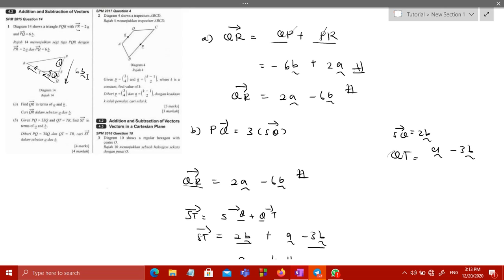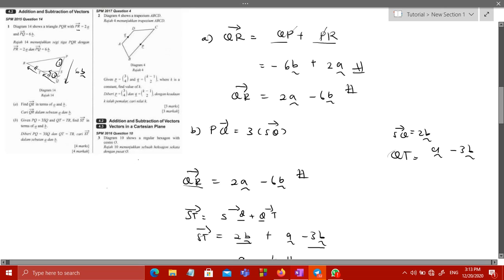Or in other words, you can use this method if you cannot understand. Given that PQ is 3SQ, now your task is to find SQ, right? So using algebra, divide both sides by 3, you get SQ is nothing but just PQ divided by 3, right?